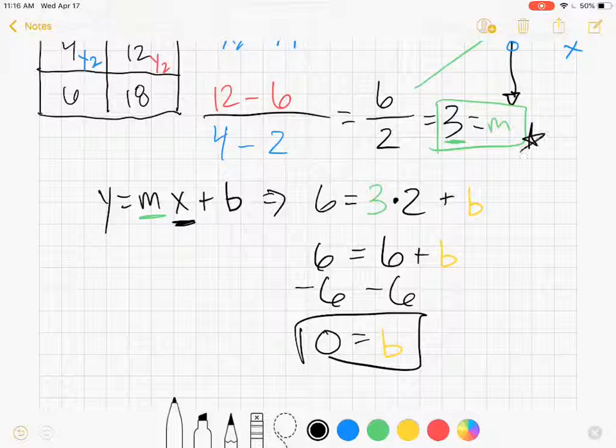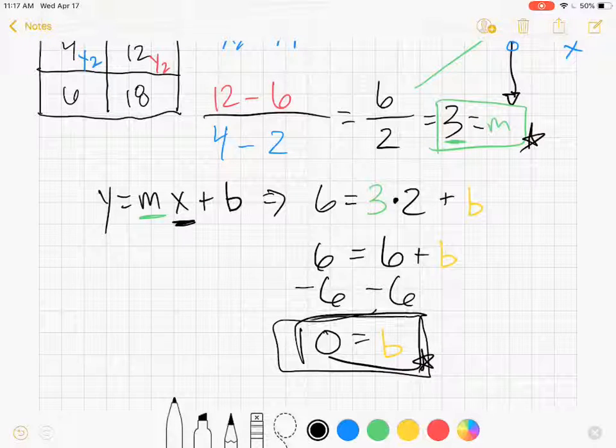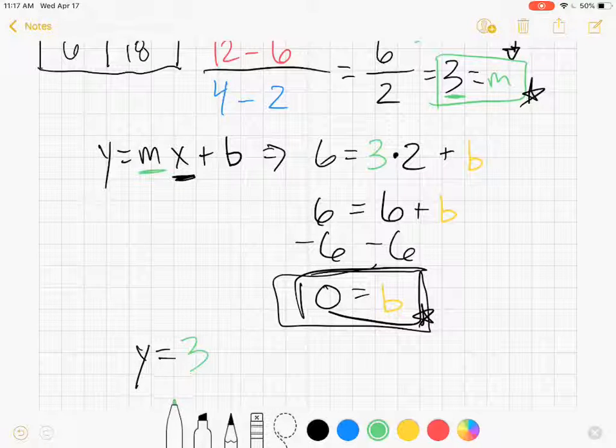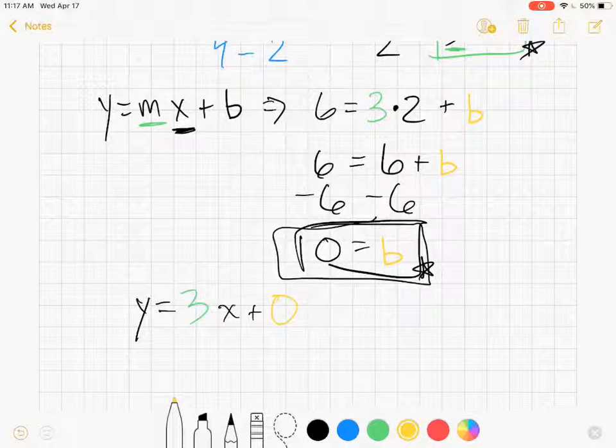Now we know m equals 3 and b equals 0. We can write our whole equation, y equals 3x plus 0, but our goal was really just to find b. So our answer would just be b equals 0.